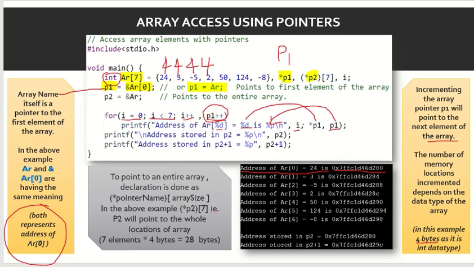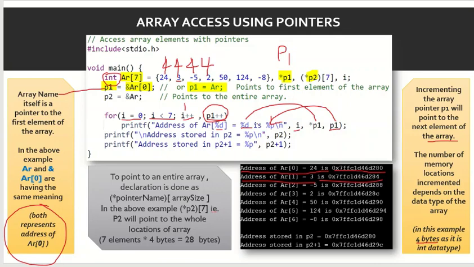After this, the increment operation will be done. i will be incremented to 1, and by doing p1 plus plus, you can see here it is incremented by 4 locations. So in the next iteration, it will print address of AR of 1 is equal to the second value, that is 3, and you can see the address is actually incremented by 4 locations: 80 plus 4 is equal to 84.